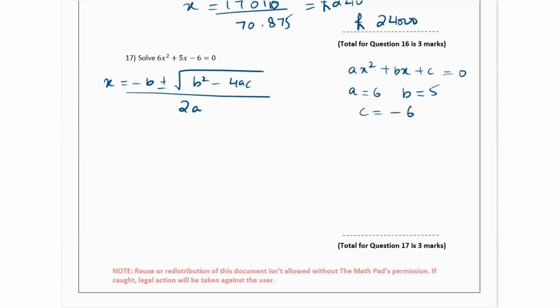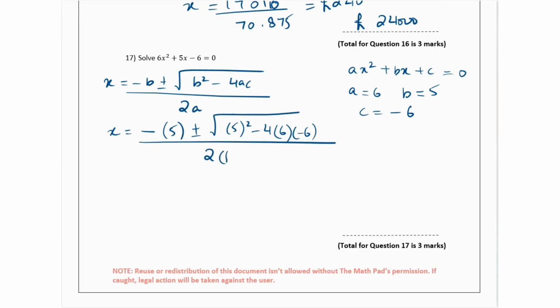Remember to include the sign with the number. Do not write the number without its sign. If it's negative, you write the negative there. So x equals to minus 5 plus minus root of 5 squared minus 4 times 6 times negative 6 divided by 2 times 6. That's going to give us, let's solve the root first.